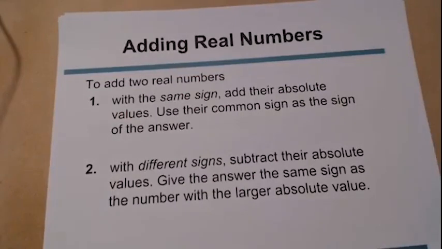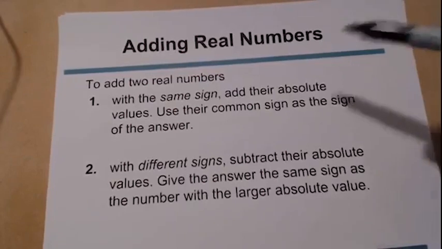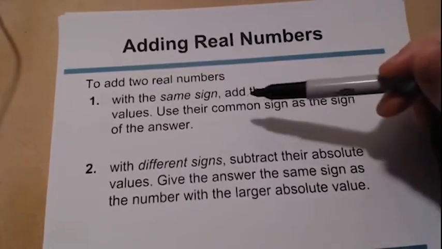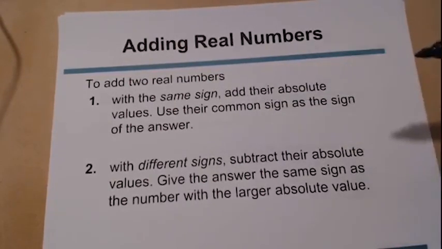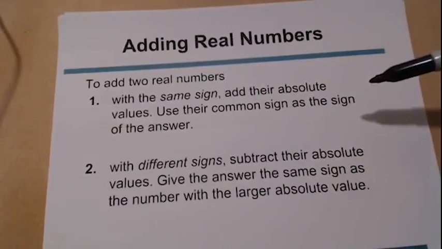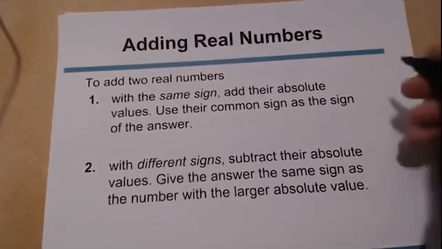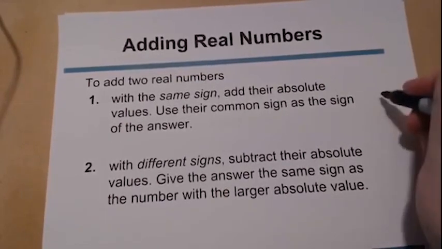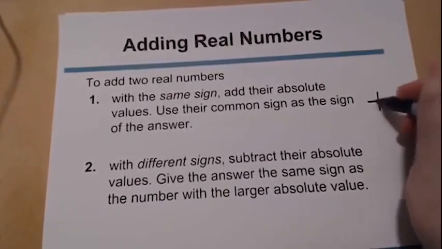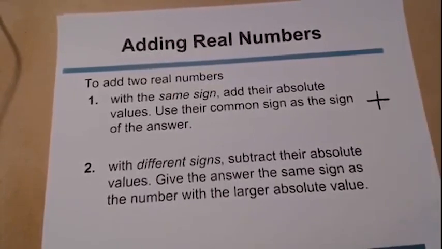So just to quickly review, when we're adding two real numbers with the same sign, we add the absolute values and use the common sign as the sign of the answer. So same has us adding absolute values.